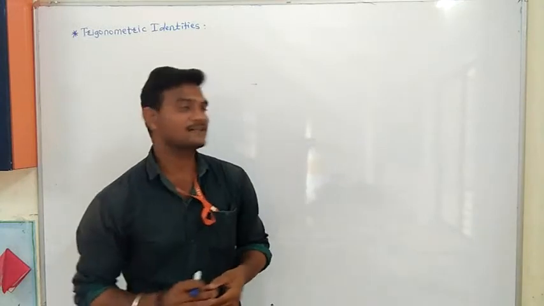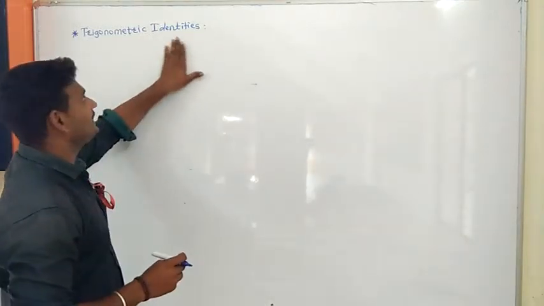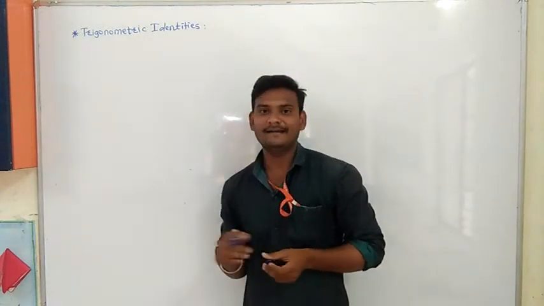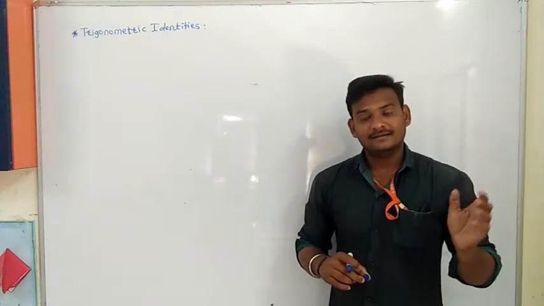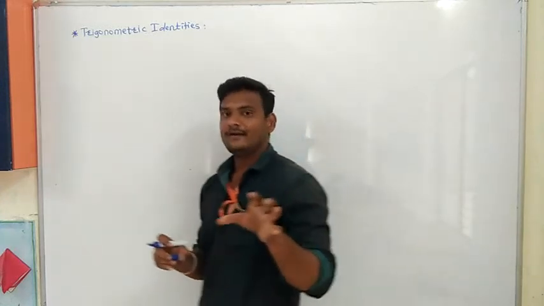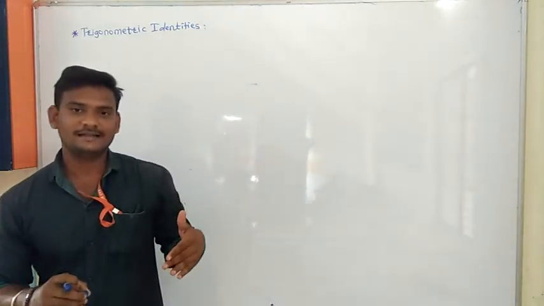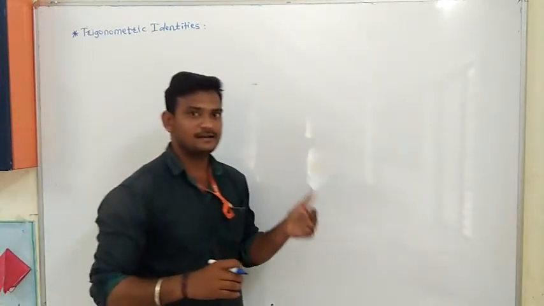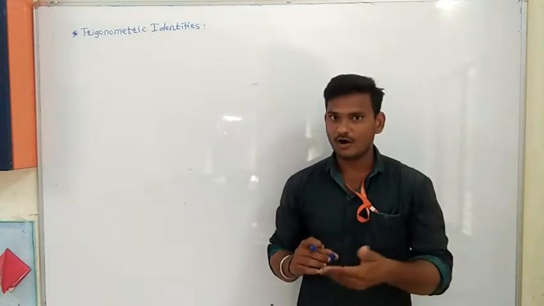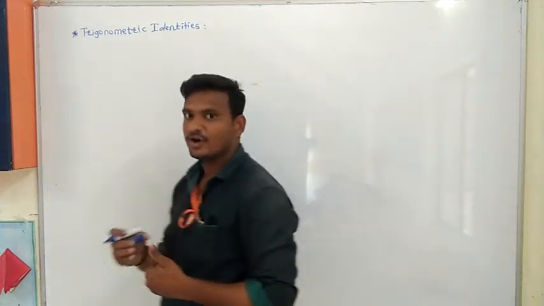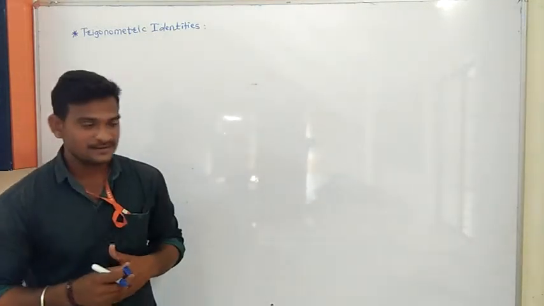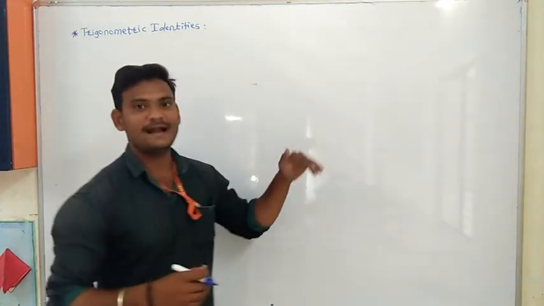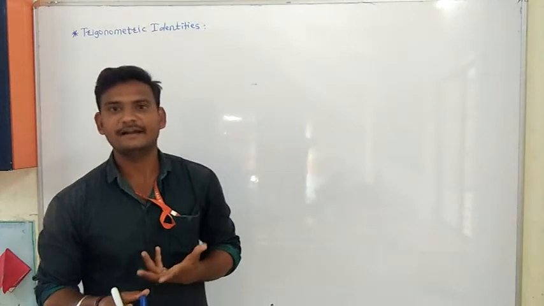In a similar manner, here trigonometric identities are there. When an equation involving trigonometric ratios is true for all the angles involved, then we can call it a trigonometric identity, which is similar to the algebraic identities.